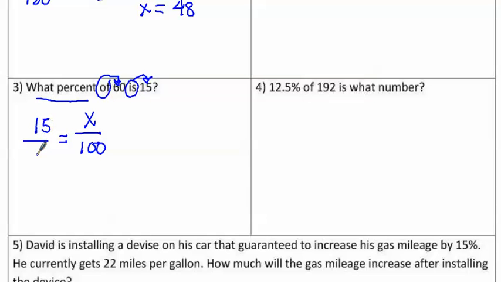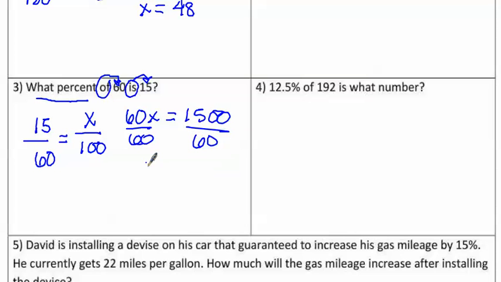Is your numerator, of is your denominator. Cross multiply, and then divide each side by 60 to get a final answer of 25. Remember, you're looking for a percent, so your final answer needs to be in percent form.